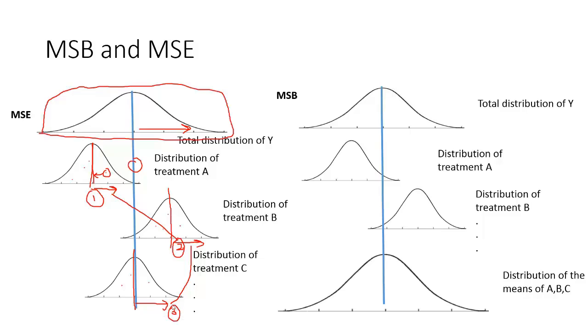Now what's the average of these three arrows? It's an arrow with a magnitude that's much smaller than the real variance, right? So when the null hypothesis is not true, the MSE method of calculating variance becomes an underestimate of the total variance.